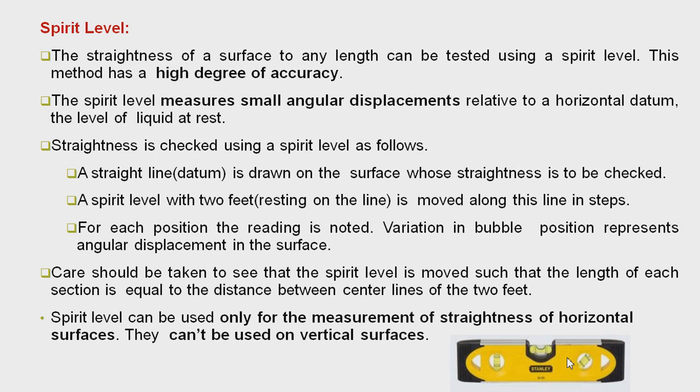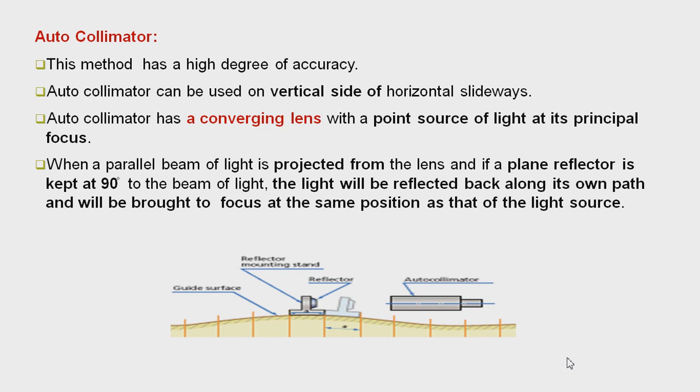Now next is the autocollimator. This method has a very high degree of accuracy, and it can be used on vertical slides as in the case of horizontal slides. It has a converging lens with a point source of light at its principal focus so that it can emit parallel light.